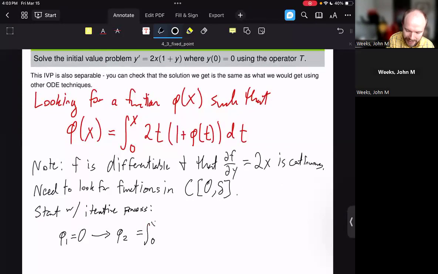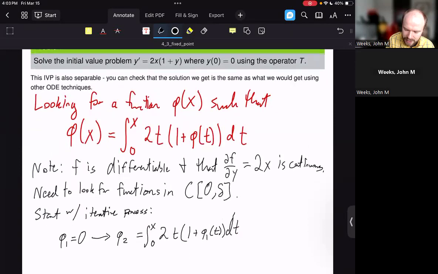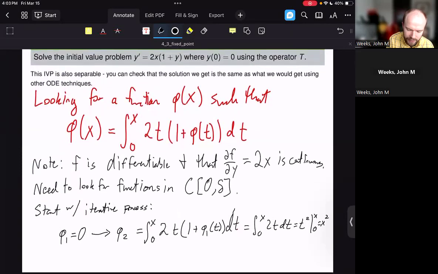It's going to be the integral from 0 to x of 2t times 1 plus phi sub 1 of t dt. In this case, phi sub 1 is 0. So this is going to be equal to just the integral from 0 to x of 2t dt. And that's going to be equal to t squared evaluated from 0 to x, and that's going to give me x squared.